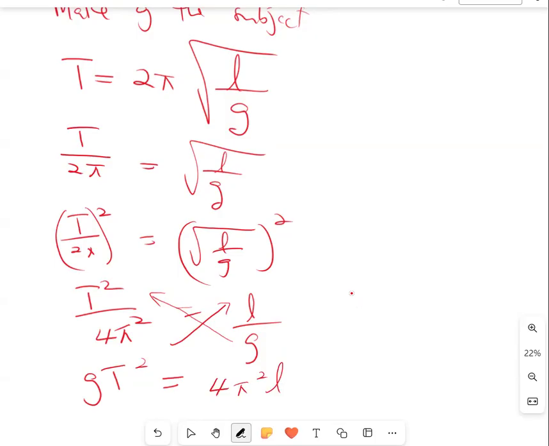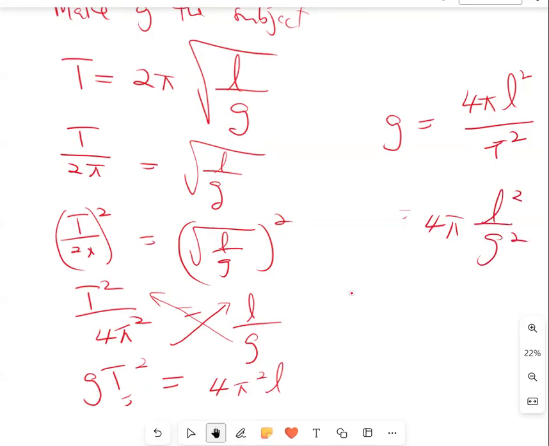And now you've got to get rid of this T squared, so you divide throughout by it. So you get G equal to 4 pi L squared all over T squared. Some people like to write this as 4 pi L squared over pi squared.